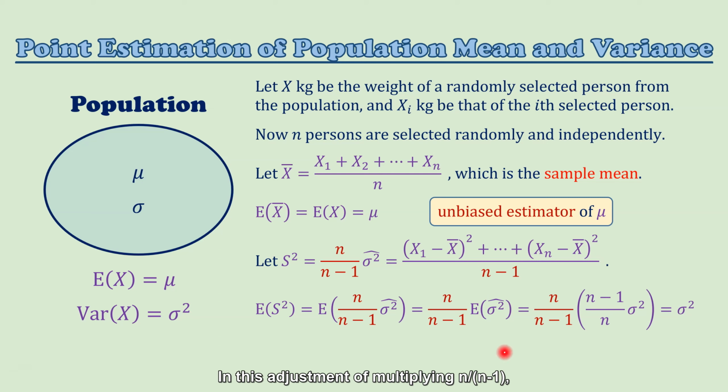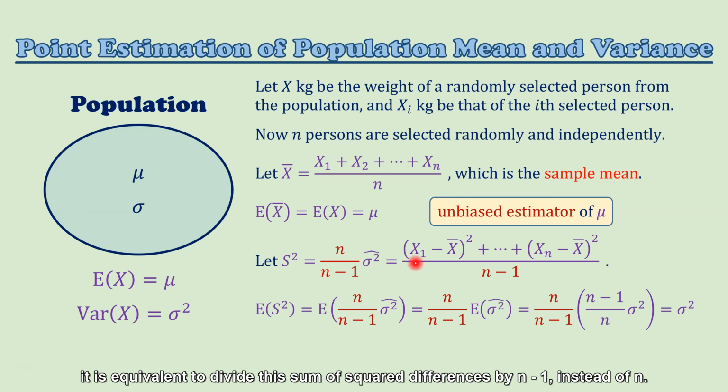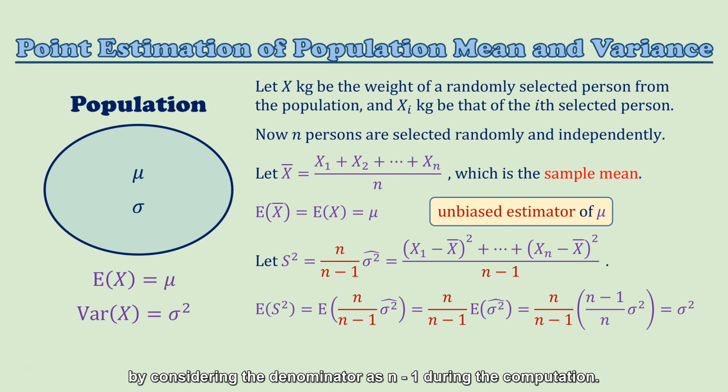In this adjustment of multiplying n over n-1, it is equivalent to divide this sum of squared differences by n-1 instead of n. In other words, this s squared is simply equal to the variance of the sample data by considering the denominator as n-1 during the computation. In this way, s squared will then be an unbiased estimator of the population variance sigma squared.